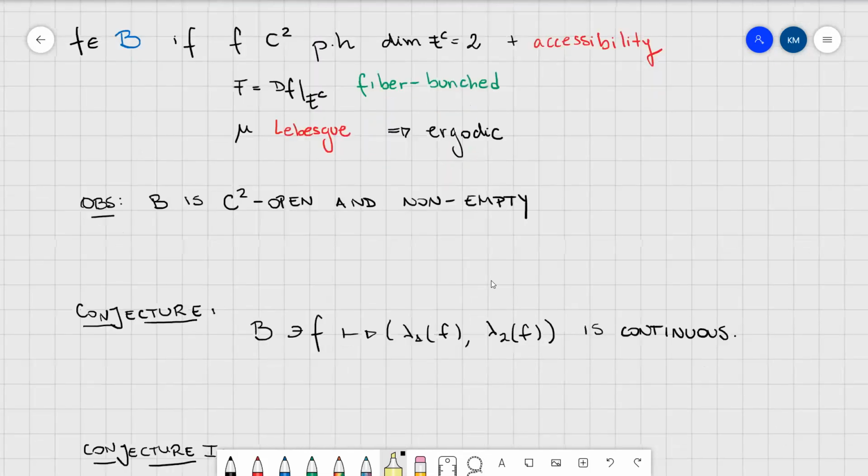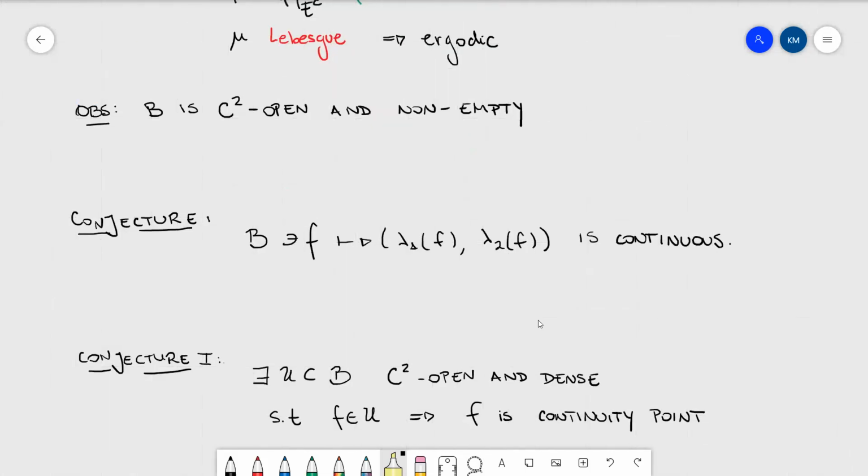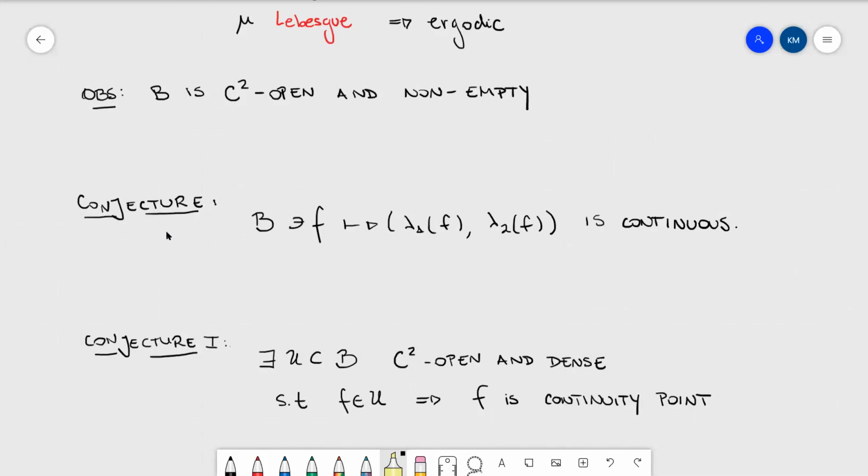So I'm going to state two different conjectures that are partial answers to the first conjecture that appear to be simpler to solve. The first one is about open and dense continuity. Maybe I'm not able to prove that everyone is continuous, but I'm able to find an open and dense subset of this space B such that everyone there is a continuity point. That would be a first step.